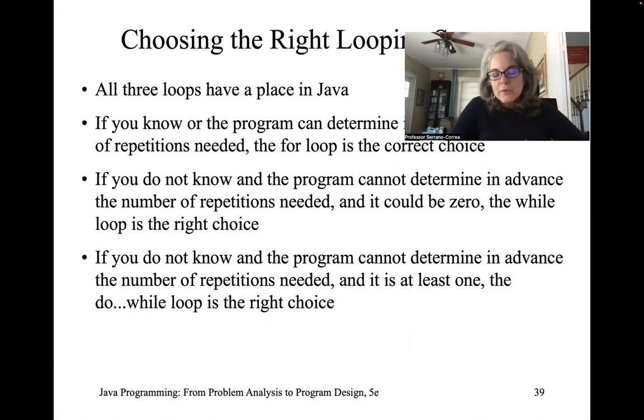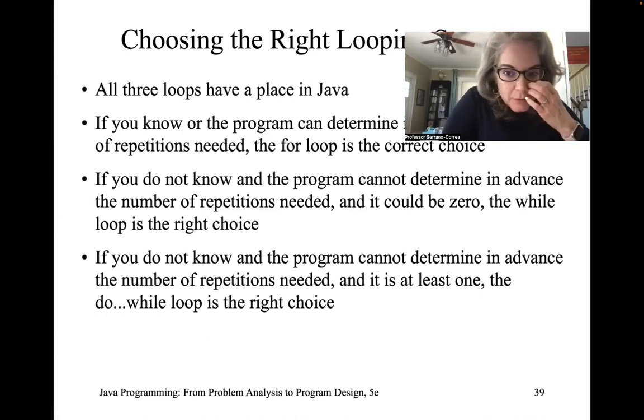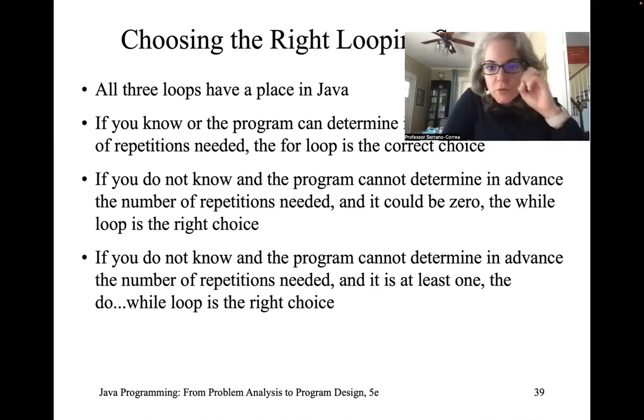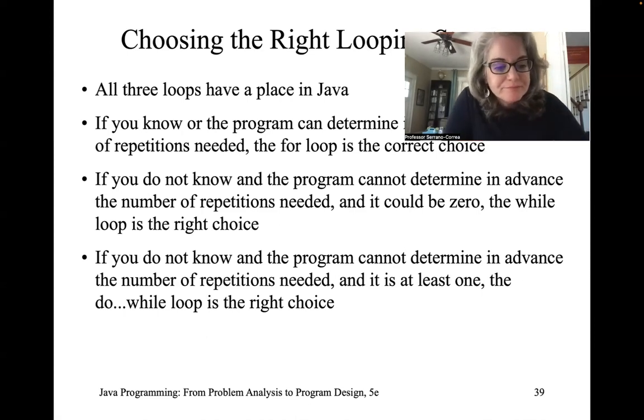But with the for loop, you can't forget the counter because it's required. And remember, with the do while loop, we usually use that one for validating data. We can also use it for a menu. You can show a menu, because you're going to ask 1 time, enter a value from the menu, then check to see what they entered. So you could use that one.